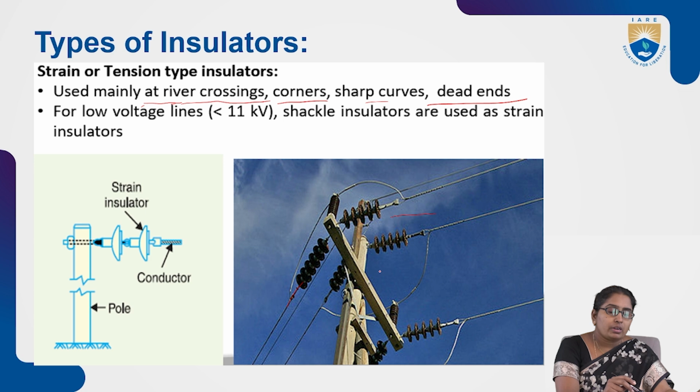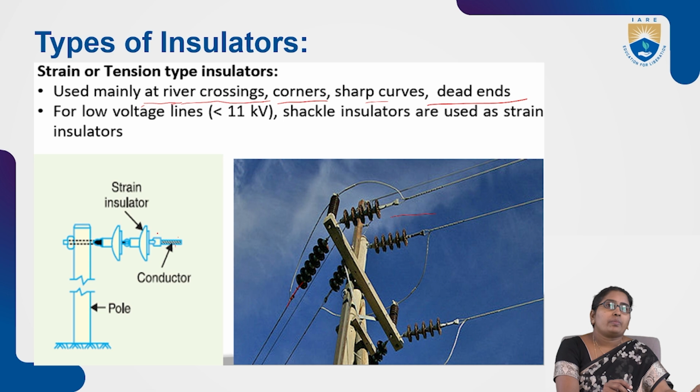This is how the diagram of this type of insulator is drawn. It is placed on a supporting tower, that is a pole, horizontally like this, and the conductor is passing through it.